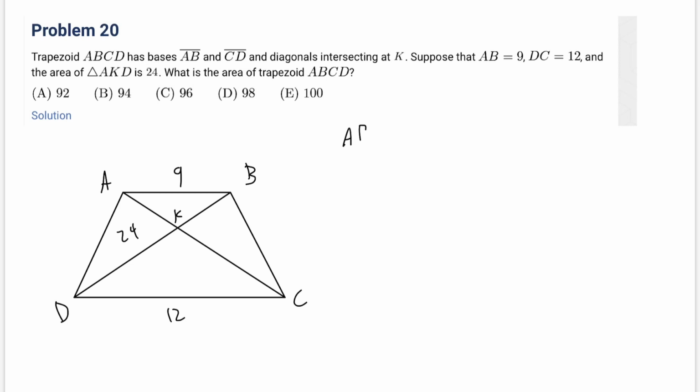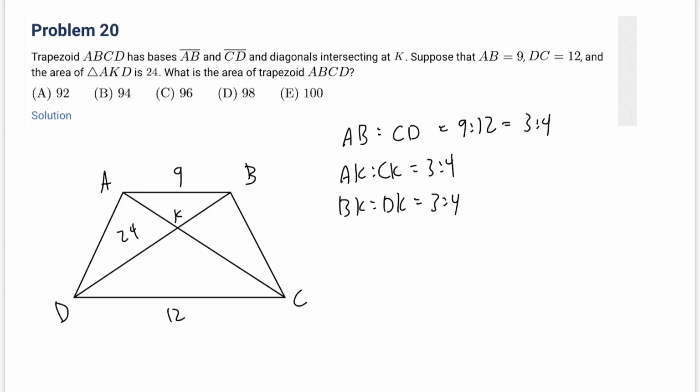If AB to CD is 9 to 12, and these triangles are similar, then AK to CK is also 3 to 4, and BK to DK would also be 3 to 4.